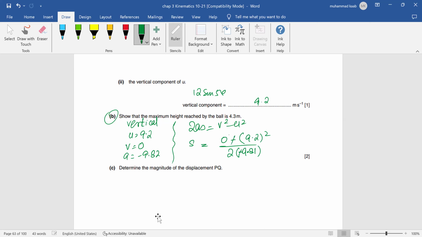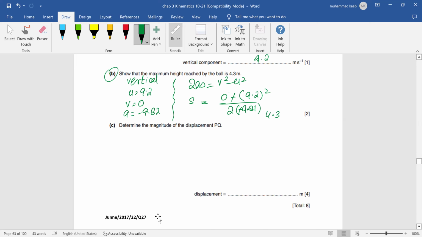You can cancel the negative signs, so you just have 9.2 squared divided by 2 times 9.81. How much? It is 4.313, at least that's what I got. 4.31, fine, 4.3. Okay, move on to the other part.